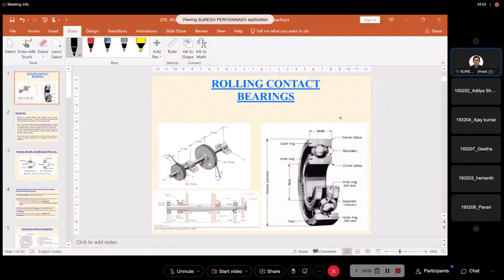When the journal speed increases, a wedge shape clearance slowly forms. Then we discussed the critical bearing modulus number K. After a certain speed, the wedge shape clearance is created between the bearing and the journal surface.